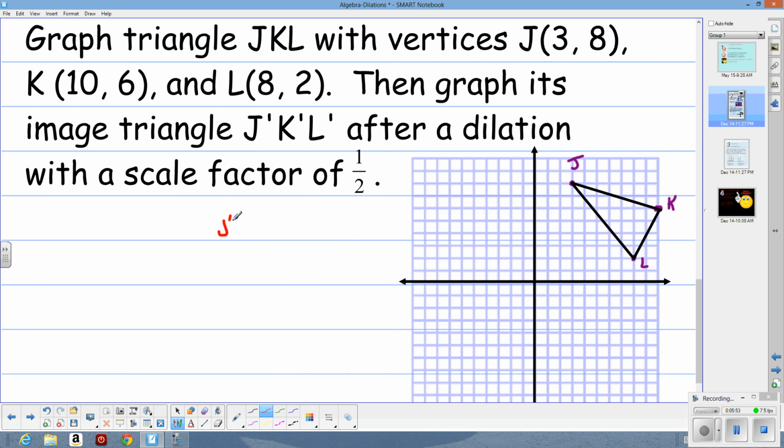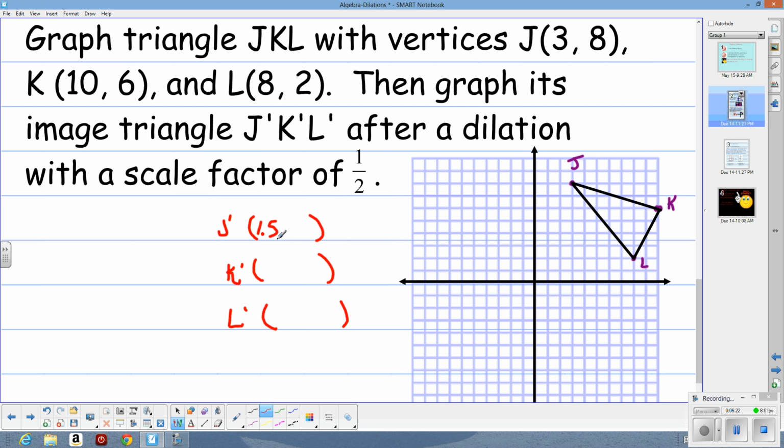J prime, K prime, and L prime, and then we'll graph those ordered pairs. It's a scale factor of 1/2, so that means we're going to take each of these ordered pairs and multiply them by 1/2. So 3 times 1/2 is 1.5.